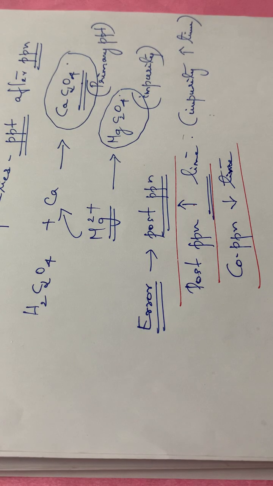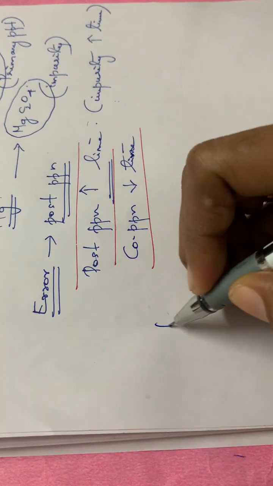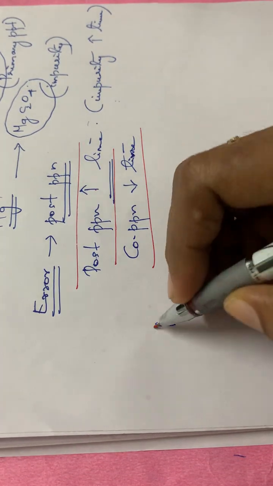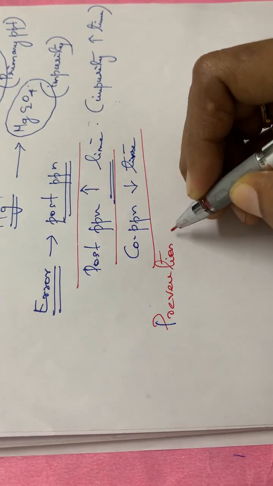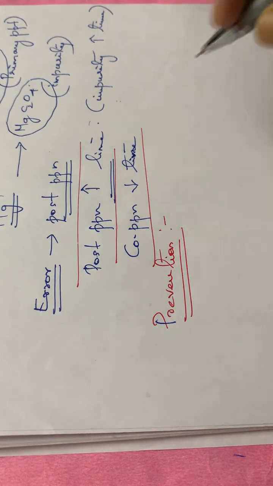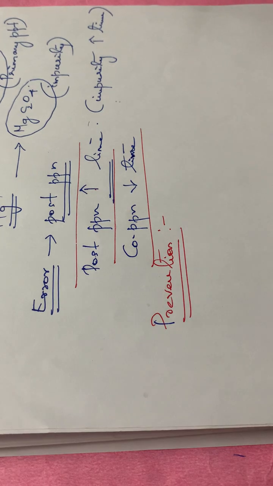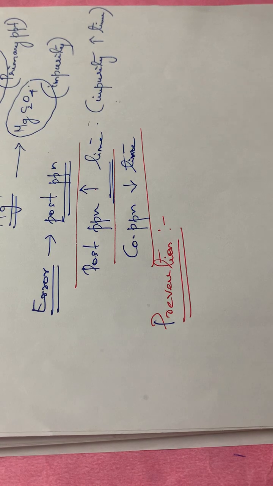Then the next is prevention of post precipitation. Some methods can be used in order to prevent post precipitation.